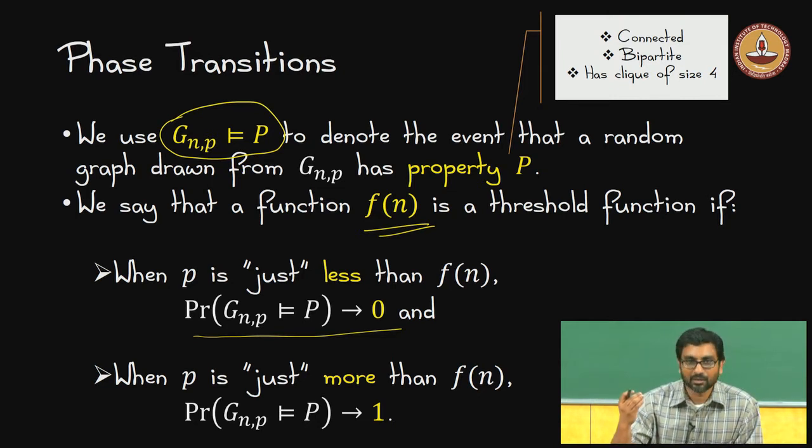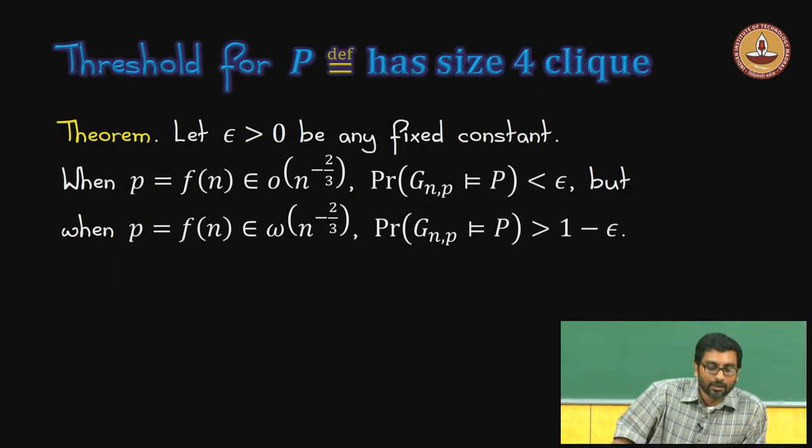But when you raise the probability just above the threshold, then immediately the probability that you see that property skyrockets towards the almost-always-there probability, that is, probability 1. This is the phase transition. When you can come up with such a threshold function, we say that you experience a phase transition at that threshold function.